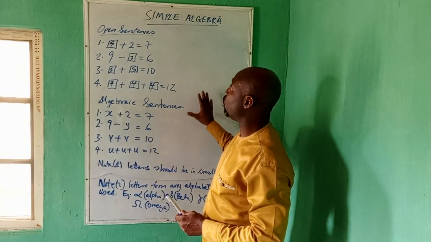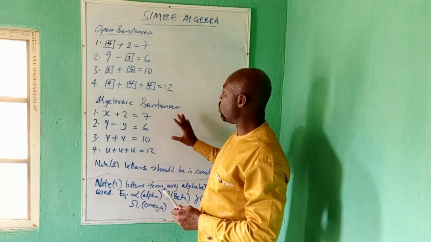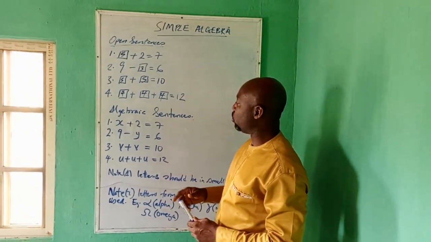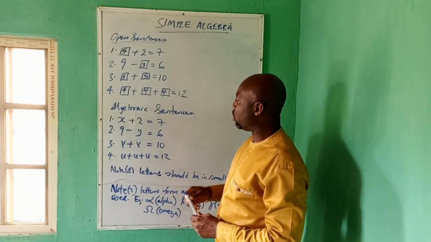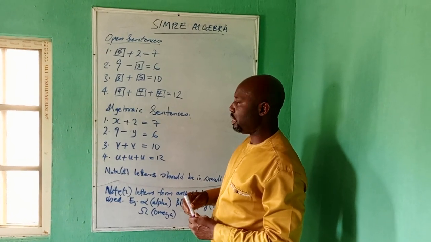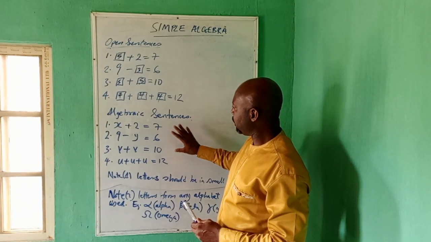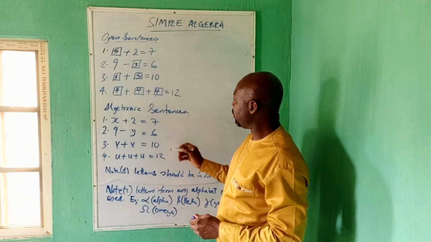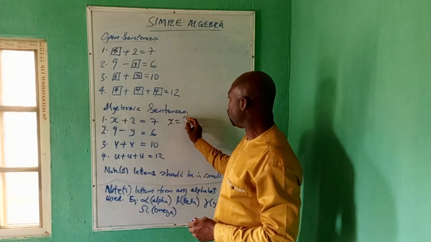And in this simple algebra, this is what we want to start from scratch until we take it to your senior secondary level. So with this now, x plus 2 is equal to 7. x here will be equal to 5.